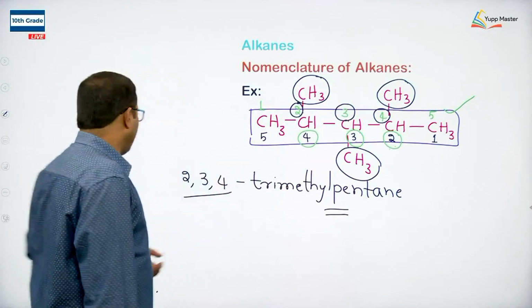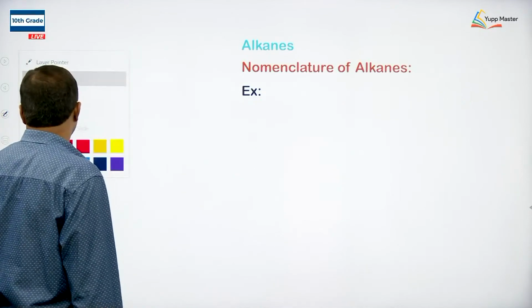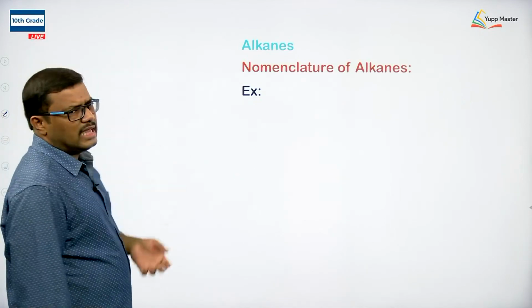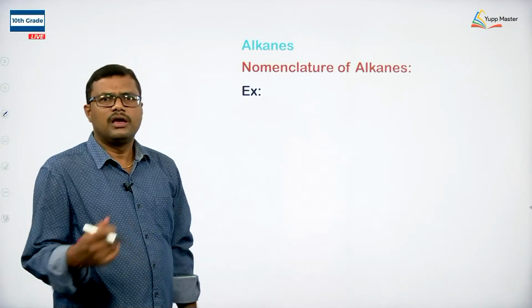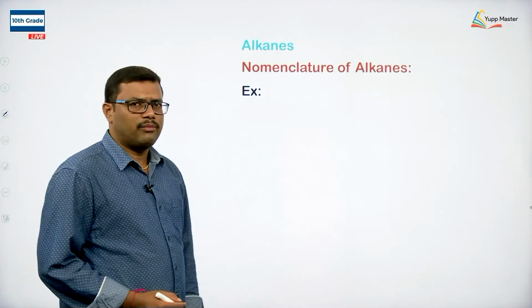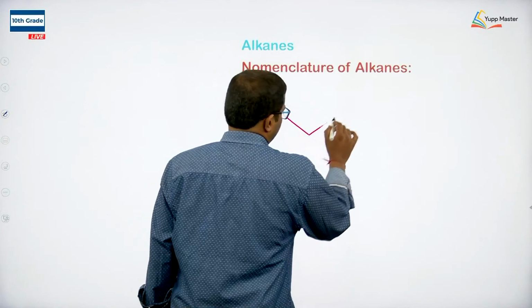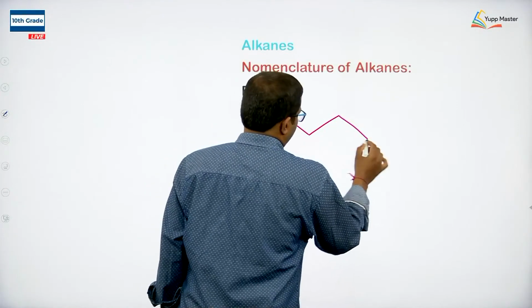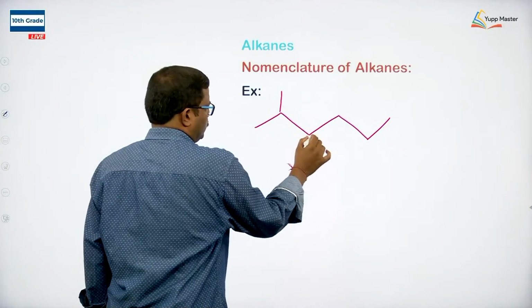Okay. So there may be some cases or instances where we are going to have a zigzag representation of an organic molecule. So in that case, how to identify the longest continuous carbon chain? For example, if they have given us something like this, and they have given substitutions like this.